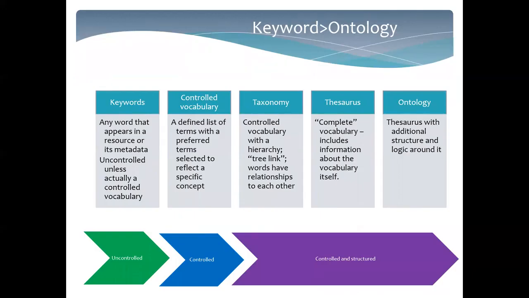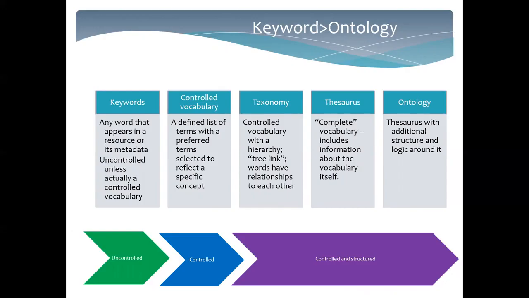So to kind of give us a sliding scale of uncontrolled terms, so terms that have no preferred words, we just use whatever we want to use, there's no structure to them, that would be where keywords would fall. So keyword is any word that appears in a resource or in its metadata.